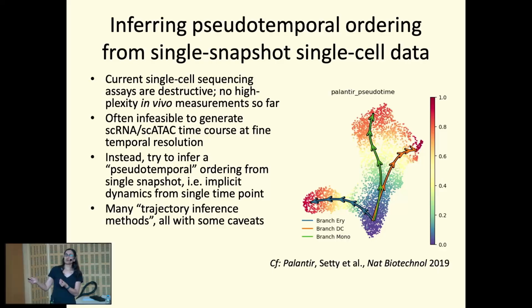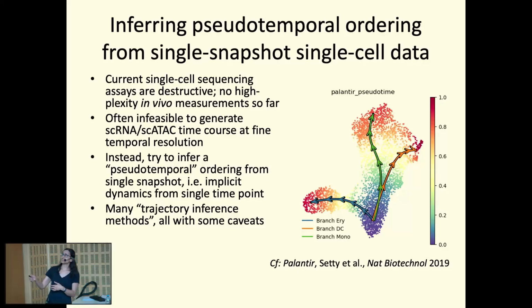And often we're trying to understand some underlying dynamic process, like a developmental process. Like in the bone marrow, you have hematopoietic progenitor cells that give rise to all the adult blood cells, and this happens every day, right? But we don't have time series data, and people are trying to do lineage tracing.